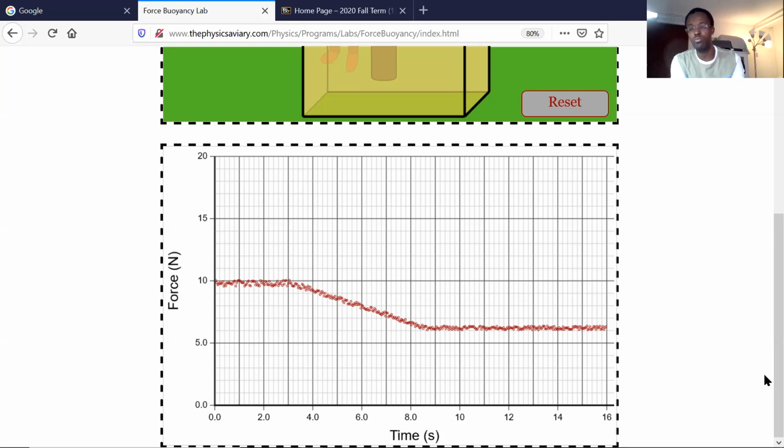The weight points downward, and the buoyant force in this case will point upward. I mean, there are buoyant forces on the side, but they cancel out. So the one that matters to us is the one that points upward. And there is also the apparent weight of the bottle.